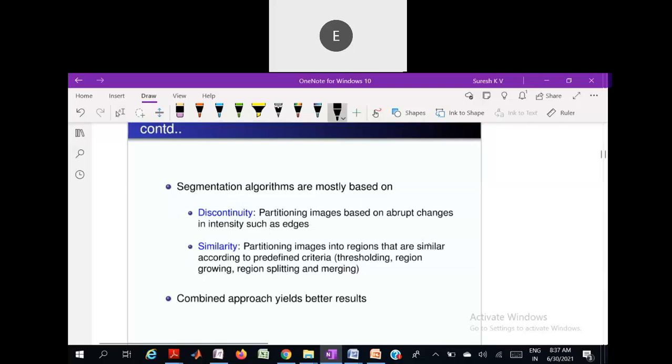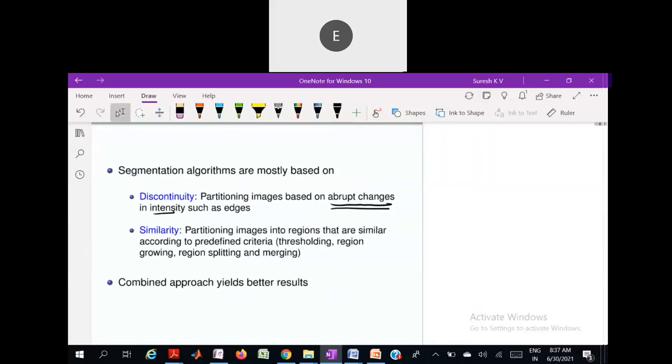That is why I have clearly written abrupt changes here. Partitioning images based on abrupt changes in intensity. For example, assume that I have gray level values. Let us assume that it is a monochrome image. I am not going for color images.